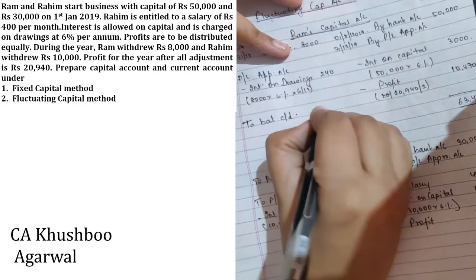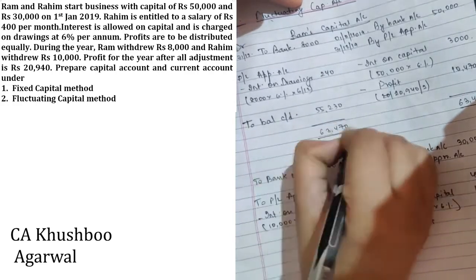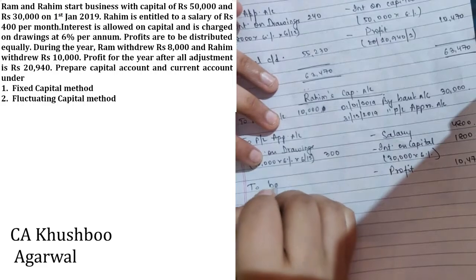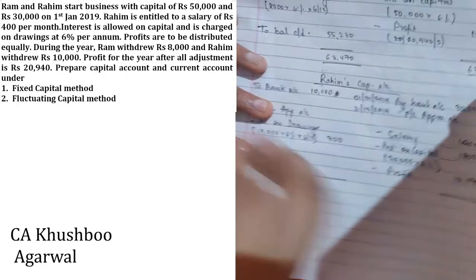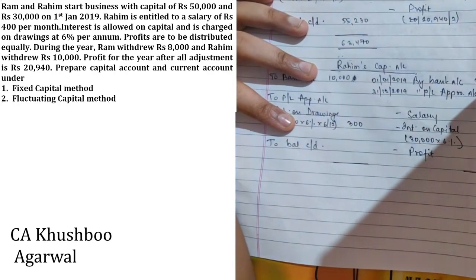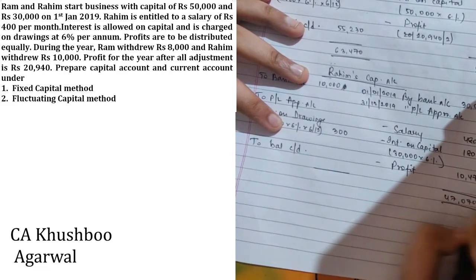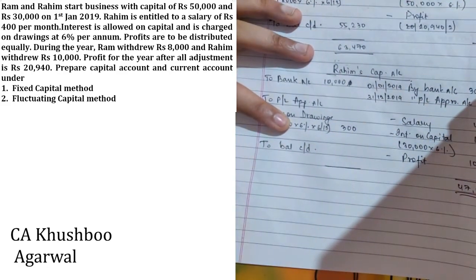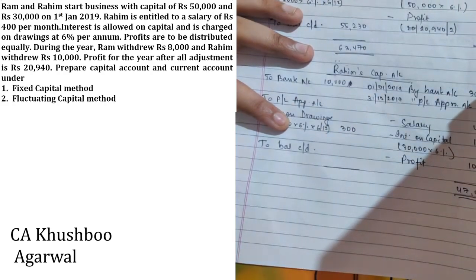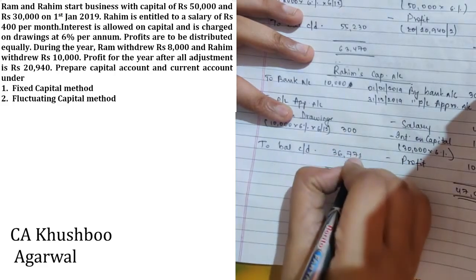It is 55,230 for Ram and for Rahim it will be 30,000 plus 47070 minus 10,000 minus 300, so 36770.